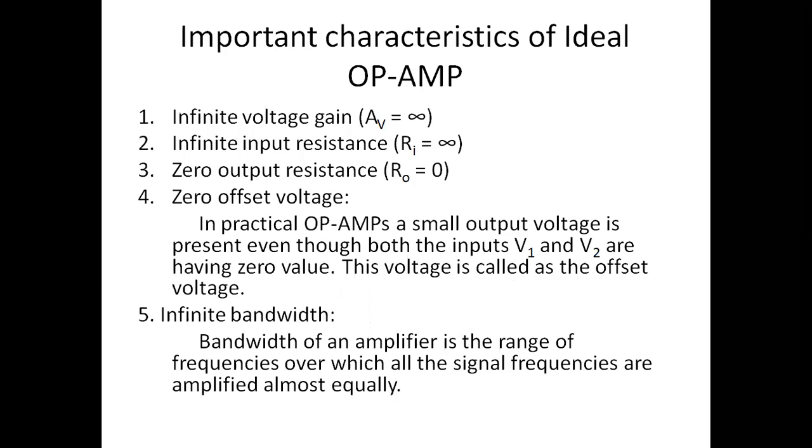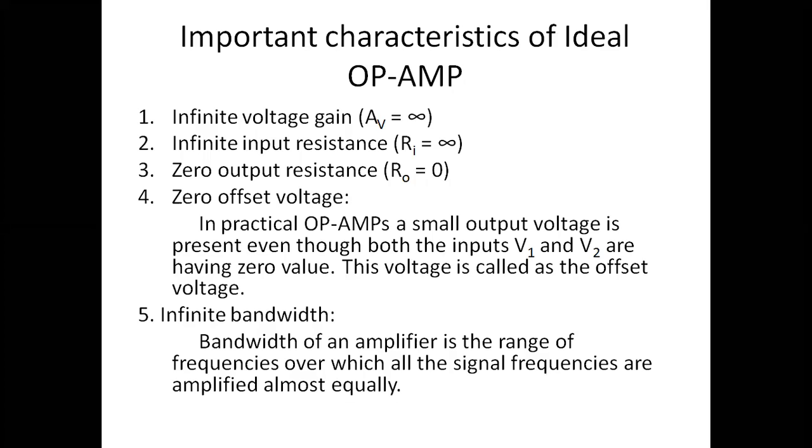Here we are supposed to study some important characteristics of the op-amp. If we are to use the op-amp as an ideal one, you will require infinite voltage gain. Its input impedance or resistance will be infinite, but output resistance will be 0. Its offset voltage will be 0.